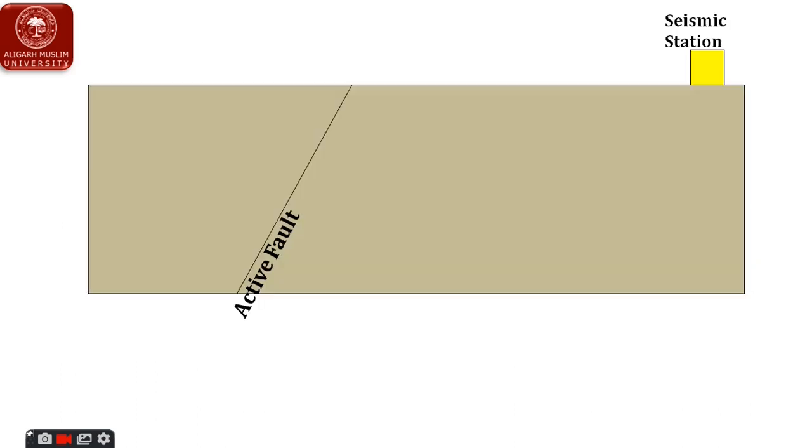Now before proceeding to the exercise, everyone should have a basic understanding of how an earthquake is generated and what kind of waves are released during an earthquake. So here we can see that there is a seismic station on the surface, and then there is an active fault, and now we are going to see an earthquake on this fault.